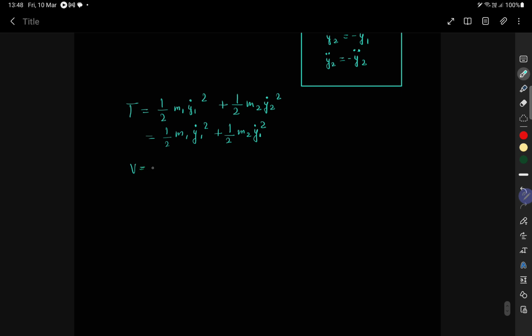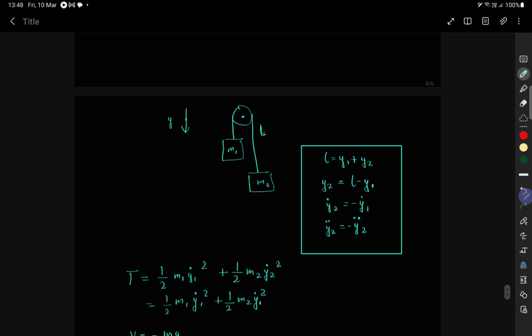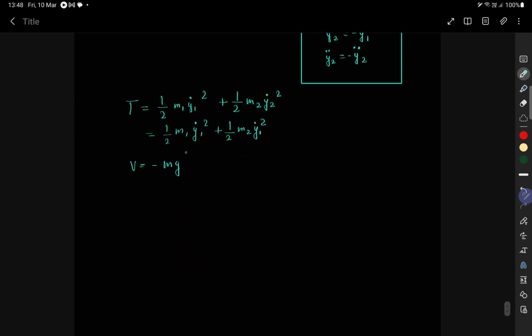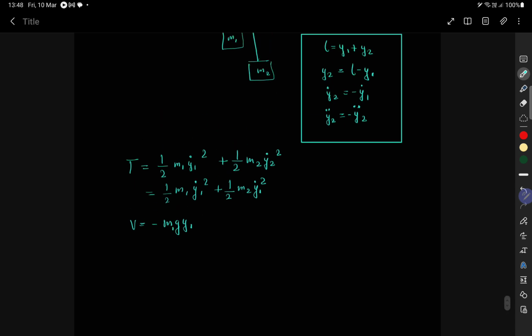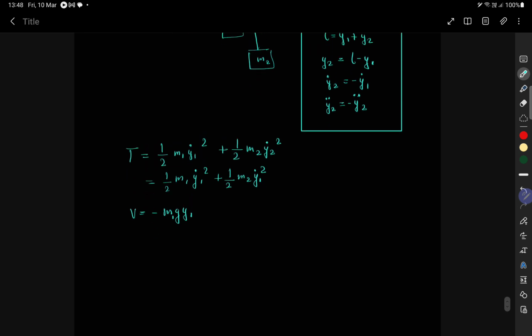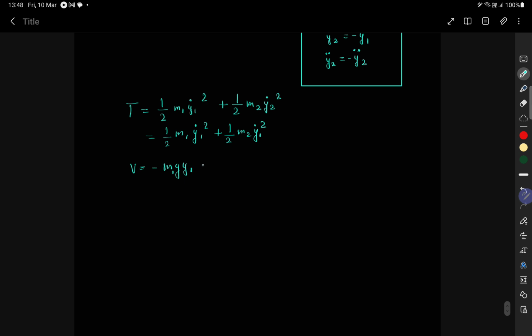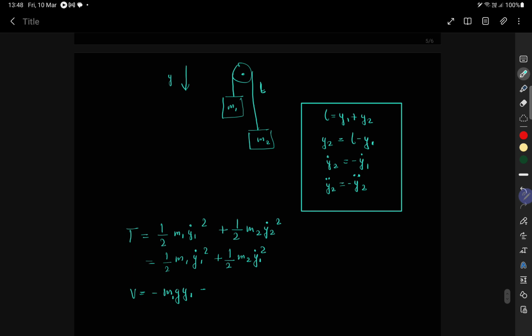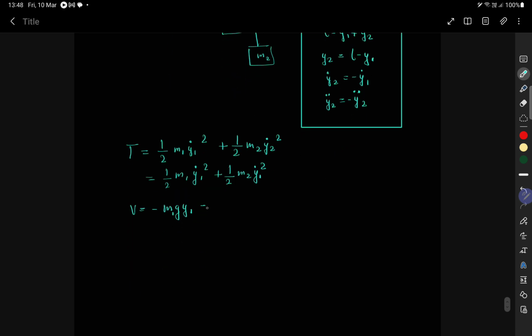Now we have V, which should be negative m g y, because this y points downwards, not upwards. So negative m1 g y1, and we need y2. y2 is just L minus y1, so we get minus, because y2 also is downwards if you don't see it, negative m2 g (L minus y1).